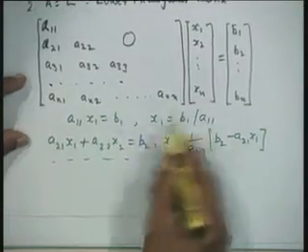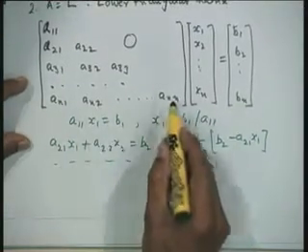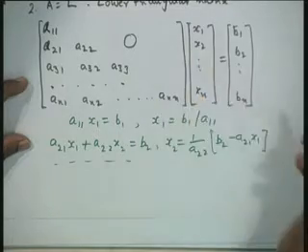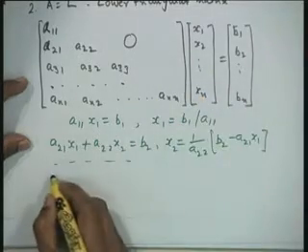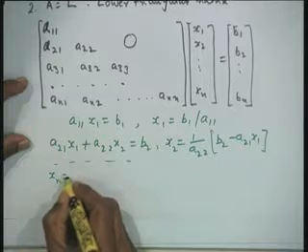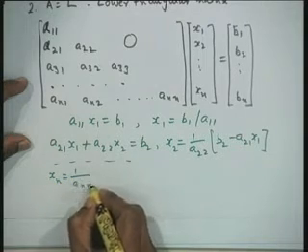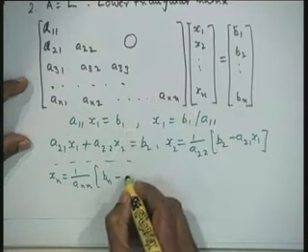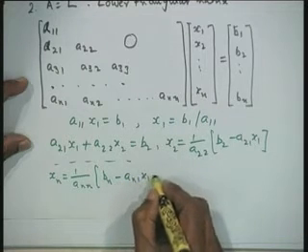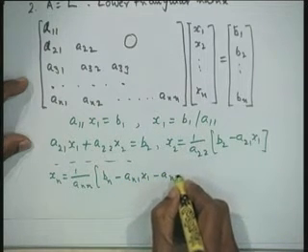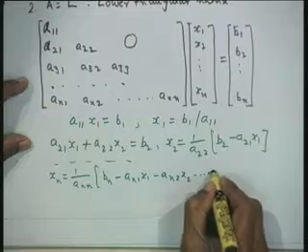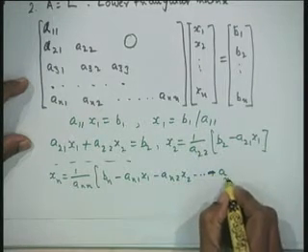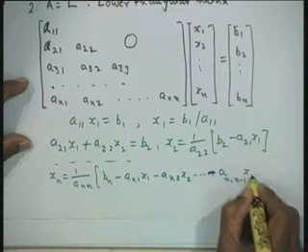By the time we have arrived at the last equation, x1, x2, up to xn minus 1, all of them have been computed. So, all of them can be taken to the right hand side. Therefore, from the last equation I would get xn is 1 upon ann times bn minus an1 x1 minus an2 x2, and so on, the last term being minus an n minus 1 xn minus 1.